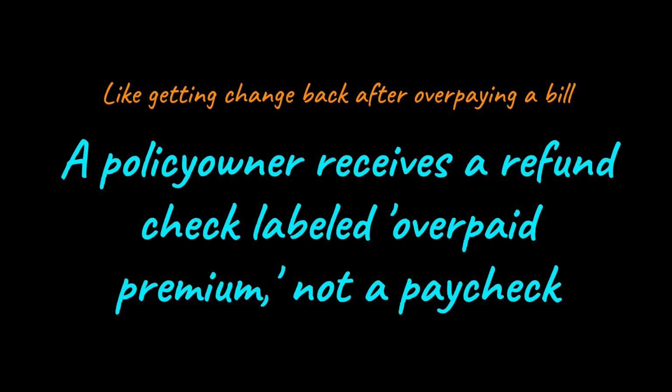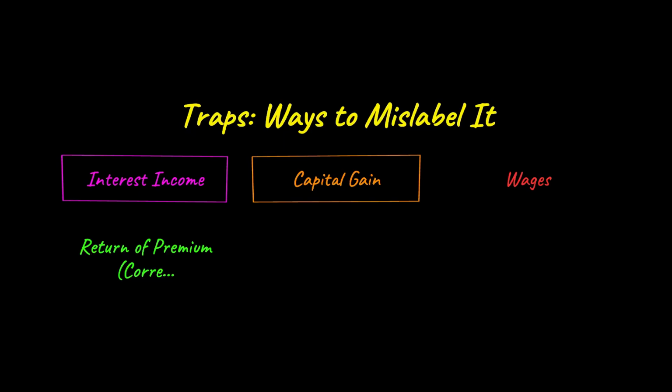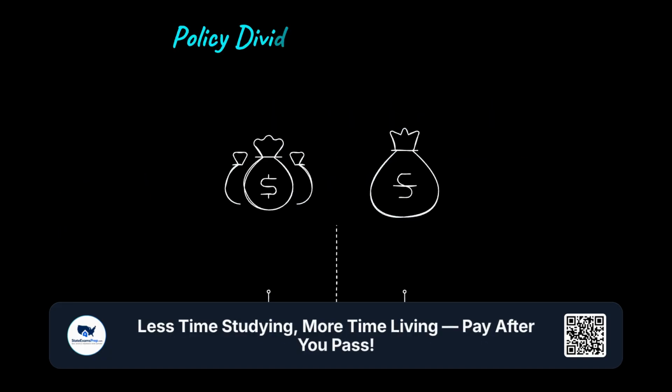Since it's simply your own overpayment returned, it isn't income, a gain or compensation, so it isn't taxed. The exam tempts you to call the dividend taxable interest income, a capital gain, or wages, but each of these wrongly treats a refund as earnings. The only correct characterization is a non-taxable return of premium.